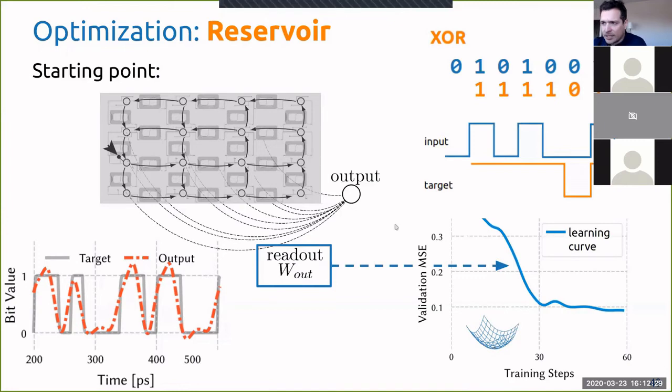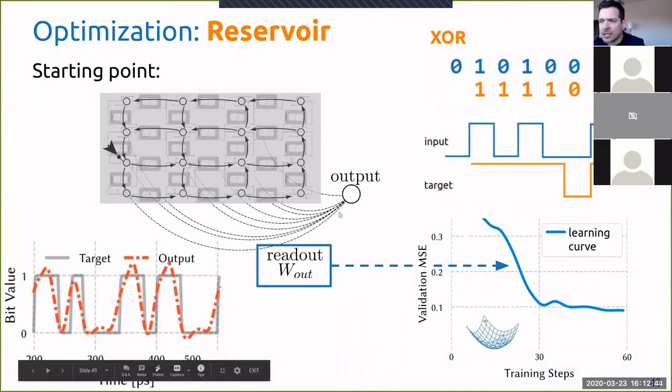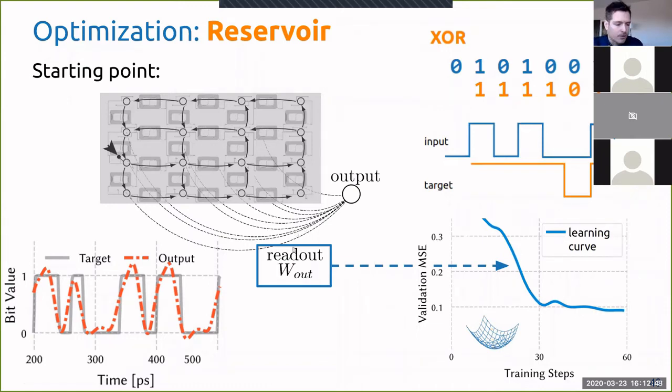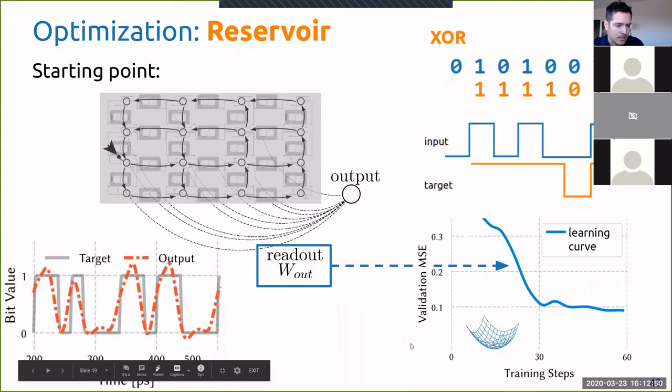However, like in standard reservoir computing, the internals of this reservoir are not optimized, and only the readout is. So when the readout is iteratively optimized, we get the following learning curve, which describes how well the output of the system follows the target function. So this is basically how well the output of the function describes the target.